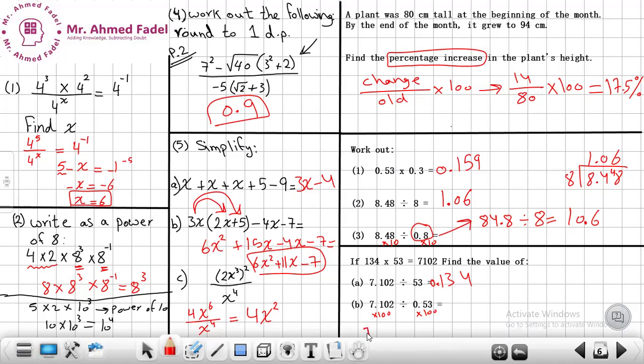Then it's going to become 710.2 divided by 53 equals, we have just done this now. As if I have 7,102 divided by 53, it is going to give me 134. I ignored the decimal point. Then now remember, I have one decimal place. So one decimal place.